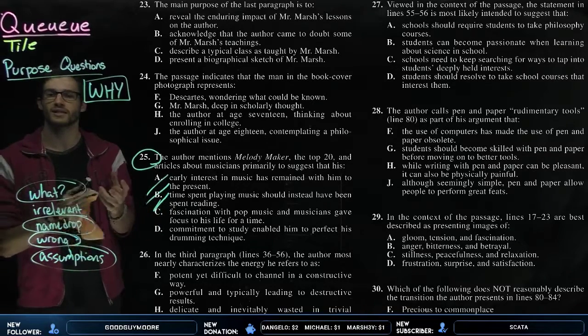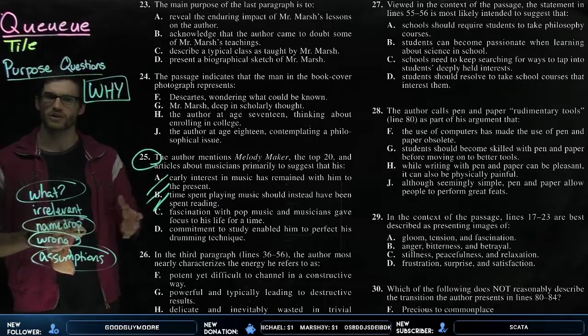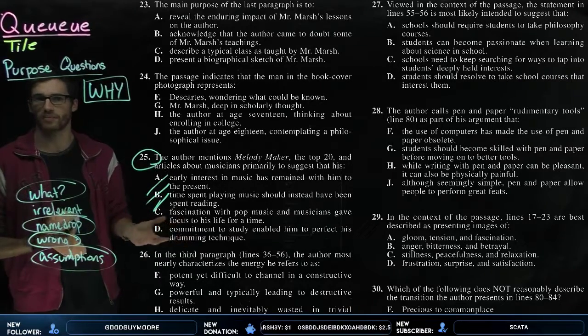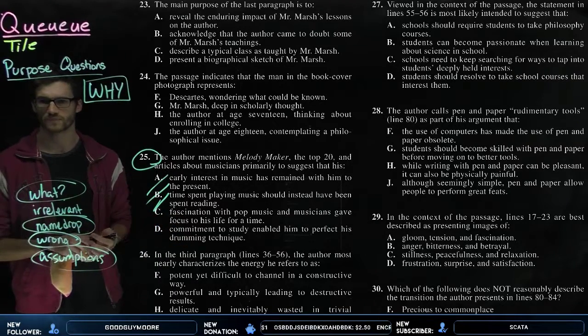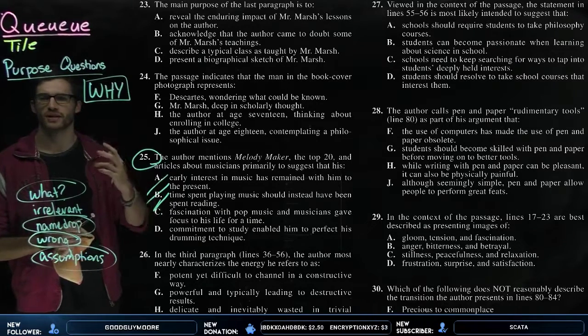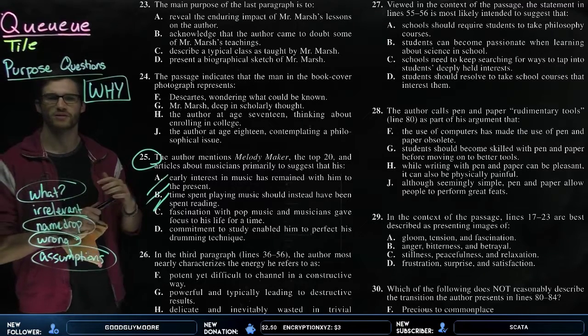And so why did he say those things, and then why did he mention these other things? It's to show the music. And also, C is in line with the passage as a whole, I assume, which is probably about this author's interest in music. I like C. Now, D. To suggest that his commitment to study enabled him to perfect his drumming technique.